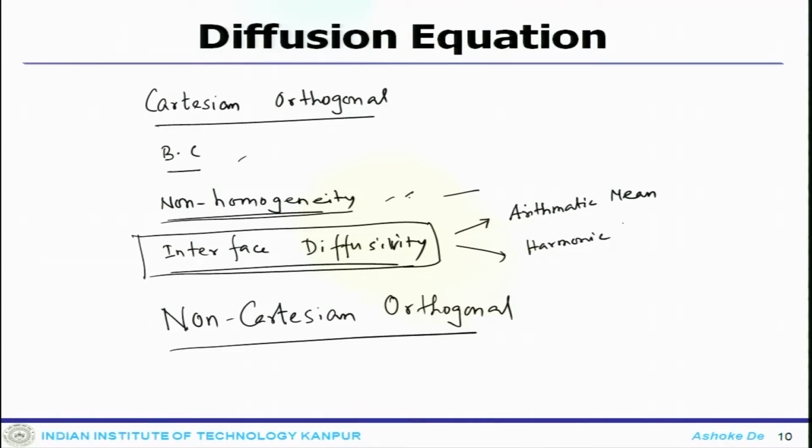These are the two approaches that we discussed, and both of them have certain advantages and certain limitations in application. Like, on top of the non-homogeneity, if there is a sharp gradient of the diffusivity coefficient across the cell interface, then the arithmetic mean may lead to an erroneous result. In that case, it is preferable to use some kind of harmonic mean.